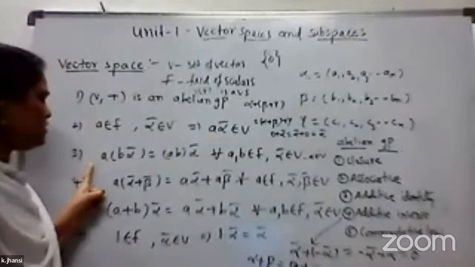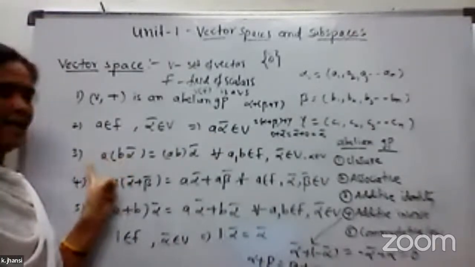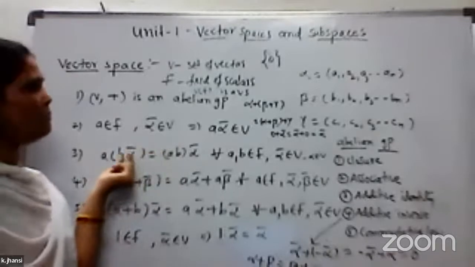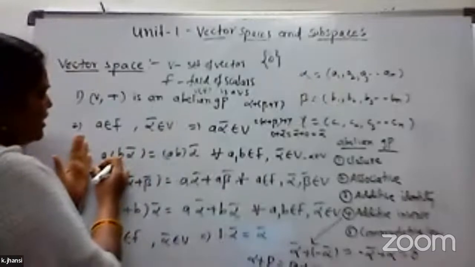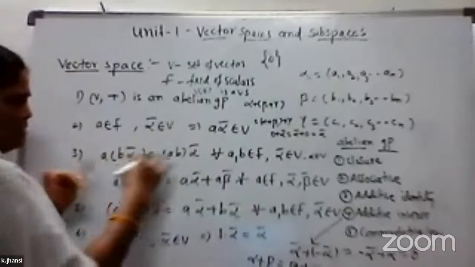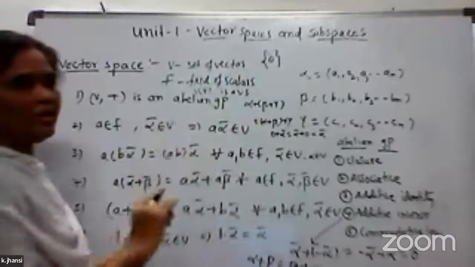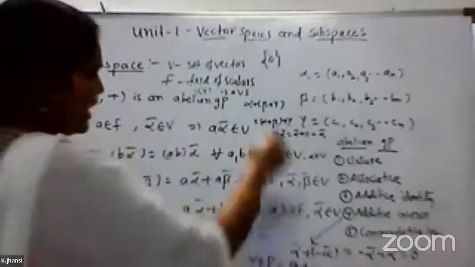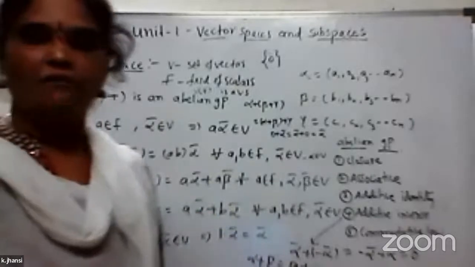And when you take A into B of alpha, A and B are scalars. When you multiply B with alpha bar, you are just interchanging, taking B outside, so you will get AB of alpha bar. So whatever alpha, beta, gamma you take, it satisfies all the conditions. So we can say that it is a vector space.